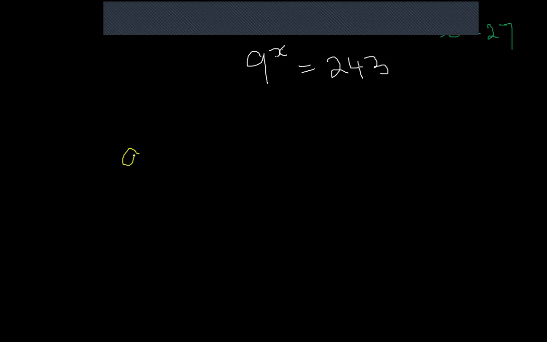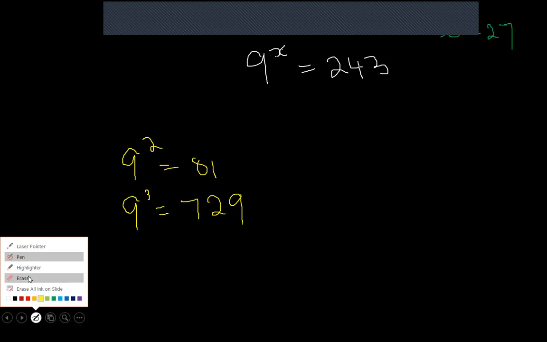You might be wondering. 9 raised to the power of 1 is 9. 9 squared is 81. So you might say maybe 9 cubed would give me 243. But no, 9 cubed gives me 729. So this is how we know the base I'm looking for is not going to be 9. I need something smaller than that.